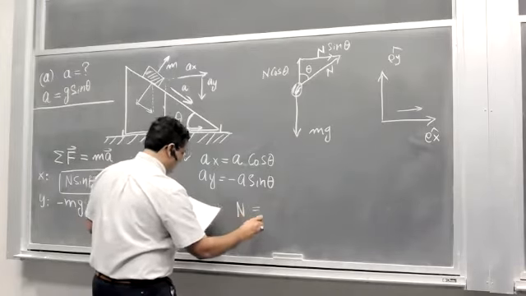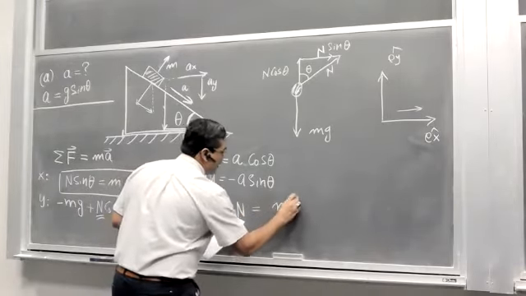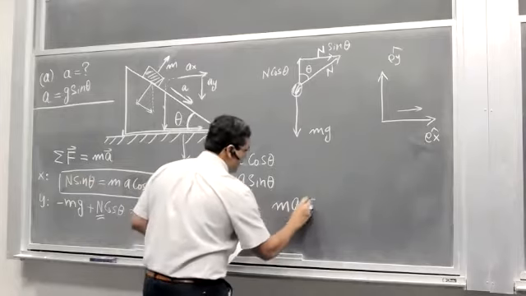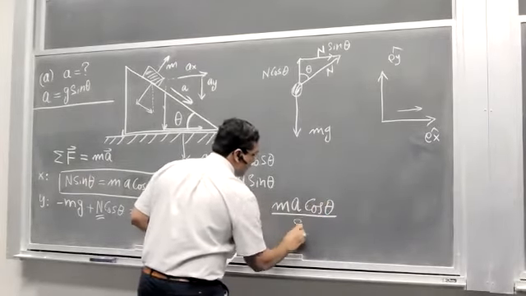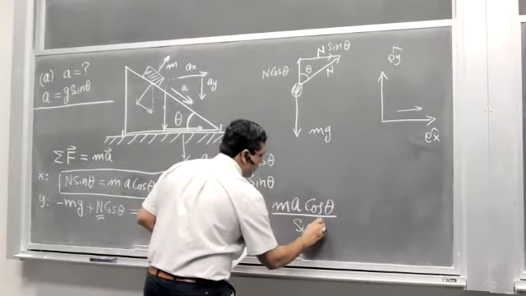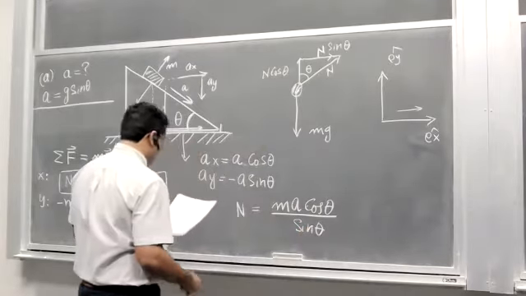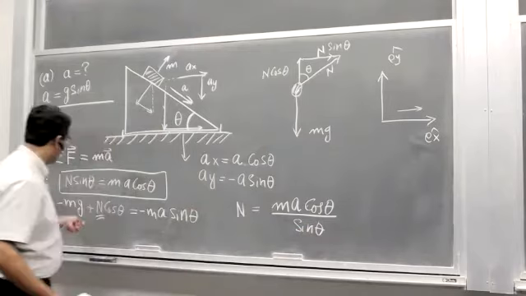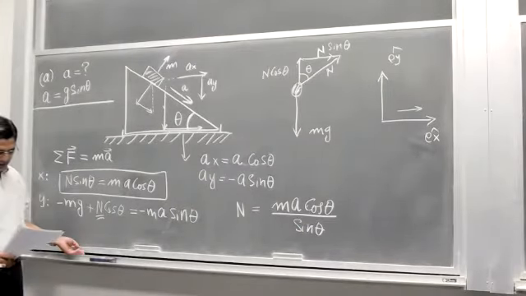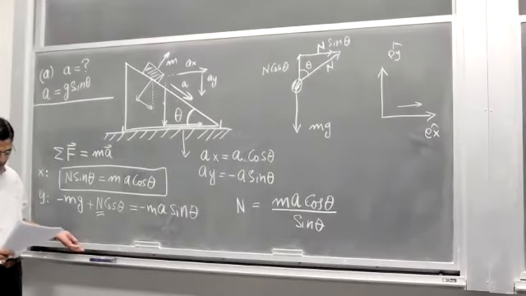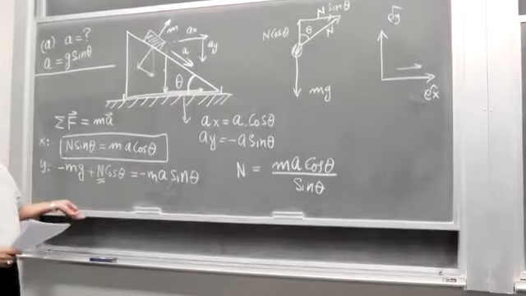The normal force turns out to be mA cosine theta over sine theta, and then substitute this in here and simplify.